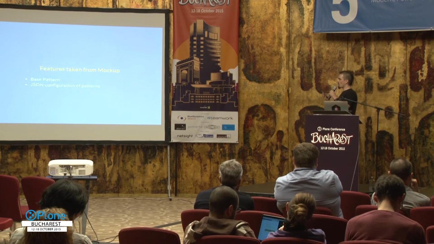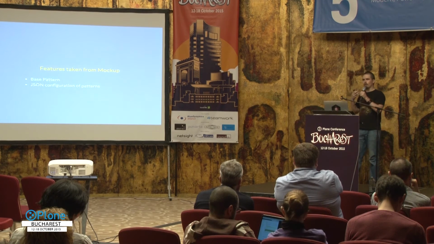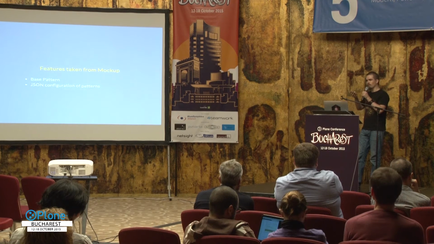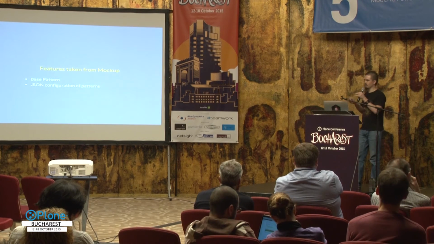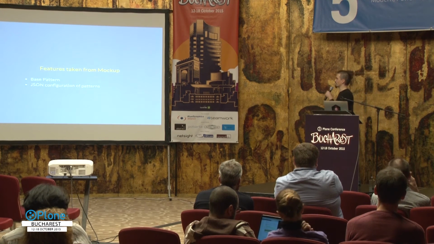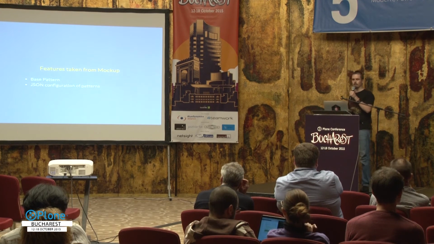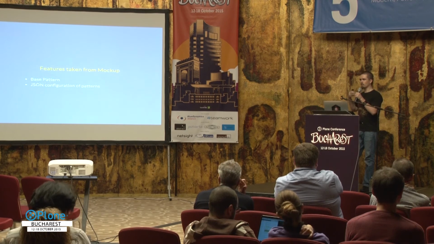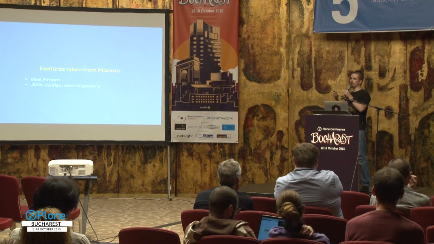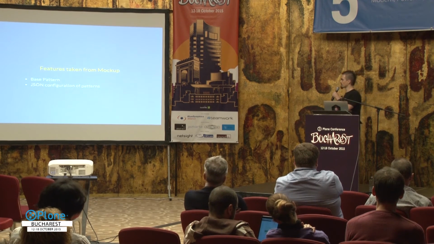So Mockup, from what I could tell, was more like a developer-driven venture. And one of the things that people wanted was JSON configuration, which I think might have value, but it shows the different approaches of the two projects.